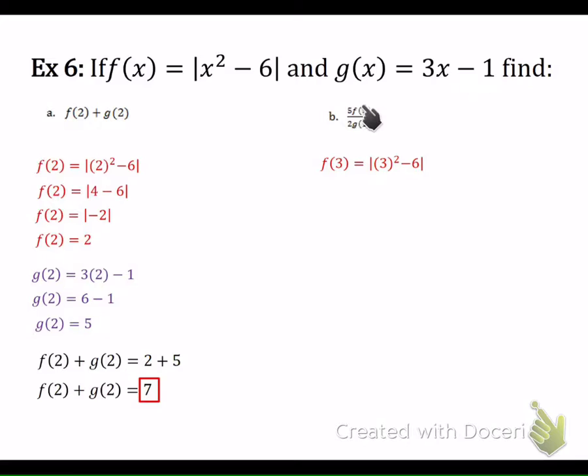So f of 3. Go to the f function, plug a 3 in, figure out what that value is. So I want 3 squared. What's 3 squared? And what's 9 minus 6? 3. And what's the absolute value of 3? 3. All right, I'm going to slow down, give you a second.